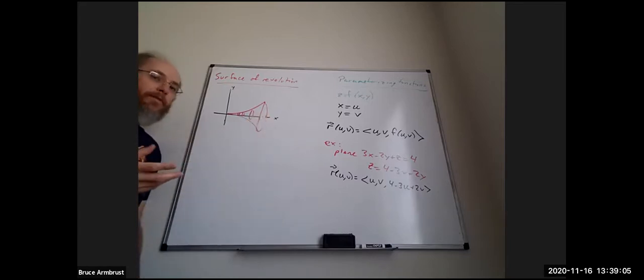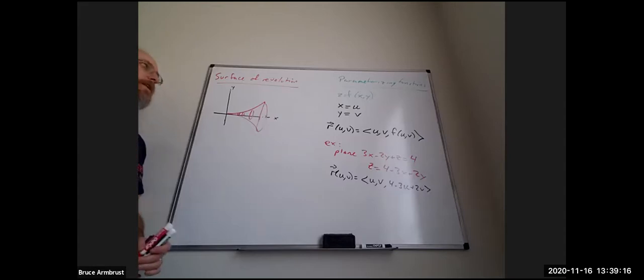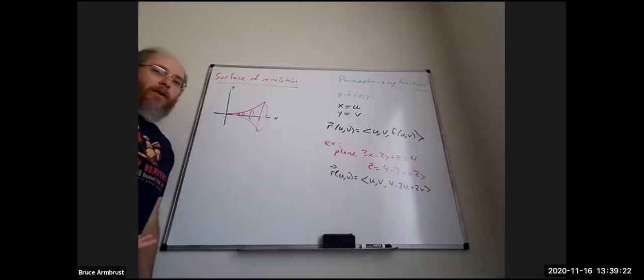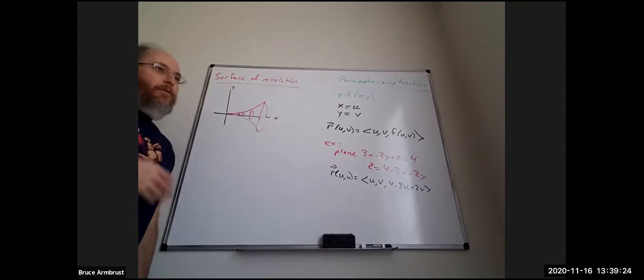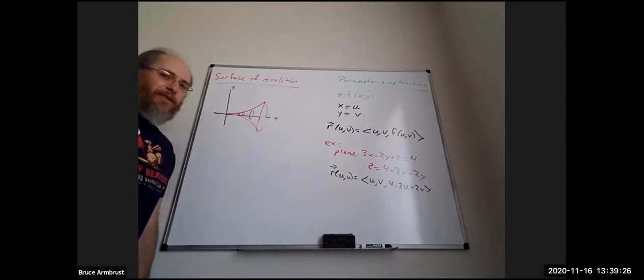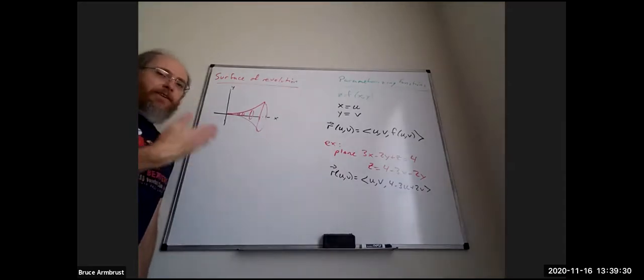All right, so you kind of remember these, I hope. You did a lot of this stuff back last year when you were doing applications of integrals, finding volumes and surface areas and whatnot. But let's talk about parameterizing these. Now, we're actually going to do a kind of similar thing to what you did when you tried to find areas and whatnot, and that is by looking at the cross sections.